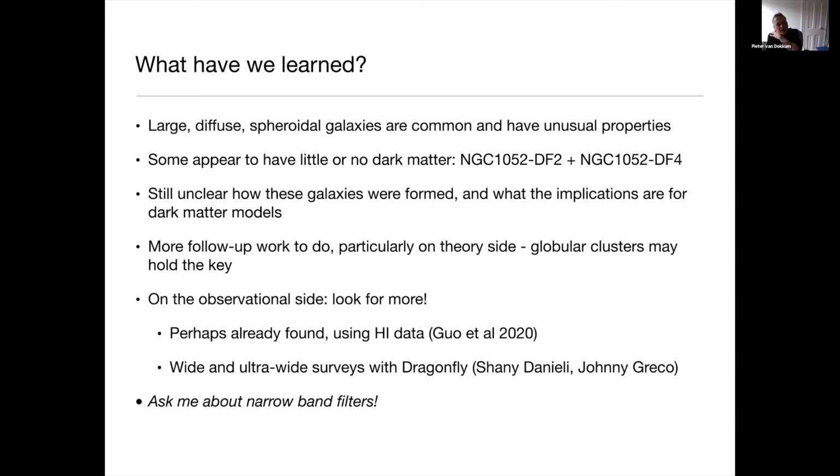We've not done the sort of thorough work, definitely not with the ultra-wide survey that we're doing, which is all of Sloan. But Shani has been working on a 400 square degree survey with very deep Dragonfly data, and there isn't that much. Essentially, it's not like the sky is absolutely filled with these very low surface brightness galaxies.